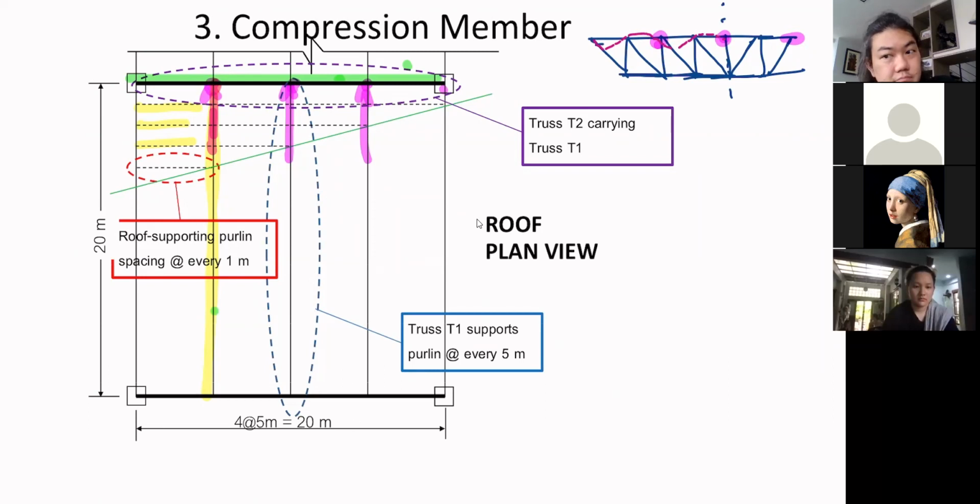So in design, we have to design the appropriate unbraced length, right? Yes, correct. And in fact, it is you who will design the unbraced length. You will select the unbraced length. For example, you may think 5 meters is too short.